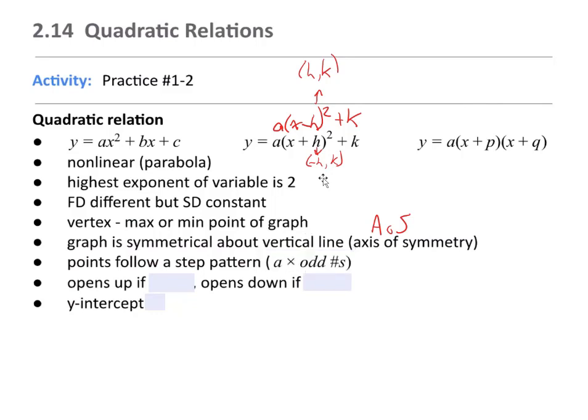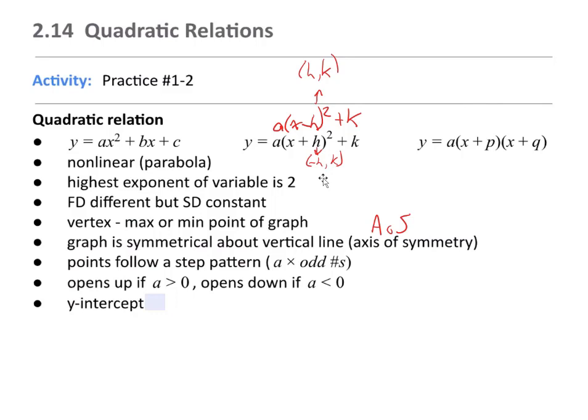I personally wouldn't. Points to follow the step pattern are a times the odd numbers, so 1, 3, 5, 7, and then a times those numbers. It opens up if a is positive or greater than 0. If a is equal to 0, then it's not a parabola. And it opens down if a is negative or less than 0.